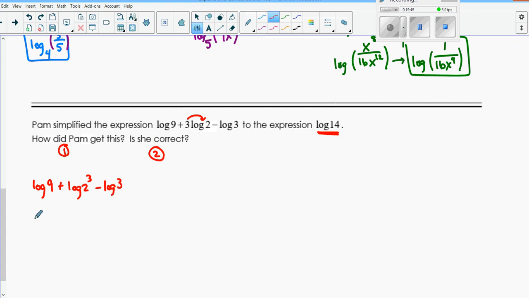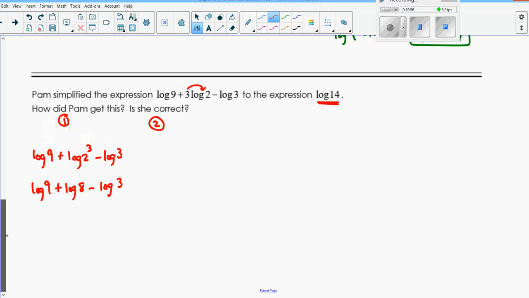Okay, I'm going to rewrite one more time. So log of 9 plus log of 2 to the 3rd is 8 minus log of 3. Okay, and if you notice, all of these are logs.